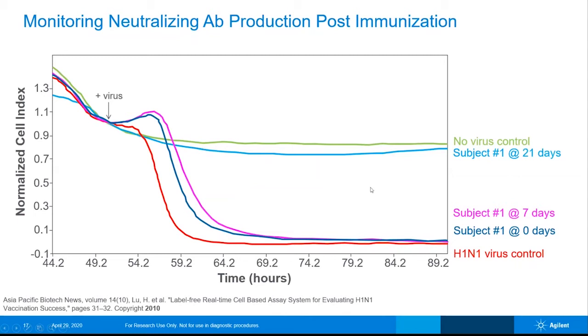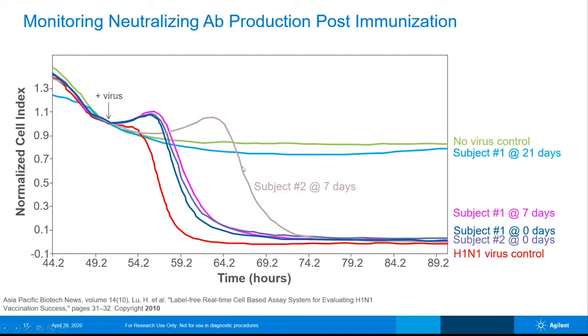What's very interesting is if you run the same type of assay from subject number 2, again on day 0, there's a slight shifting relative to the virus alone control. But what's different is that for subject number 2, on day 7, they're already beginning to see neutralization.